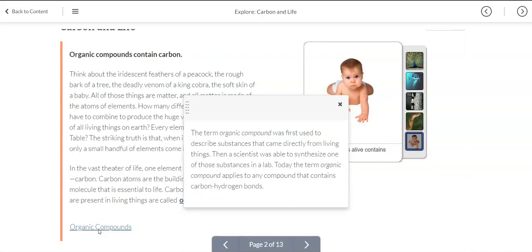The term organic compound was first used to describe substances that came directly from living things. Then, a scientist was able to synthesize one of those substances in a lab. Today, the term organic compound applies to any compound that contains carbon-hydrogen bonds.